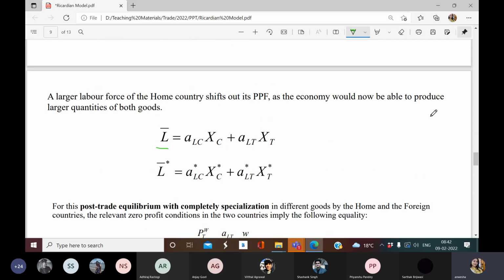So in the home country, say L bar is the given endowment of labor. Now ALJ is the amount of labor required to produce 1 unit of the jth good, and the home country is producing XC and XT amount of the two goods.